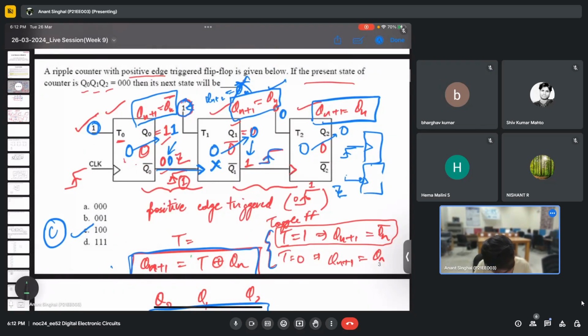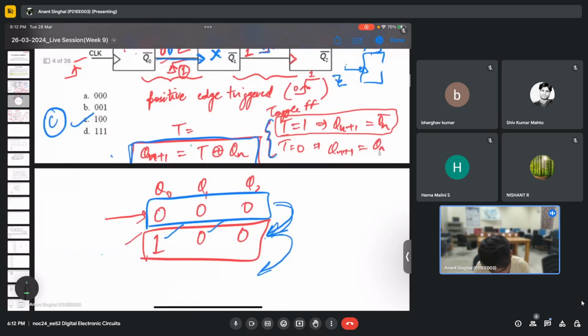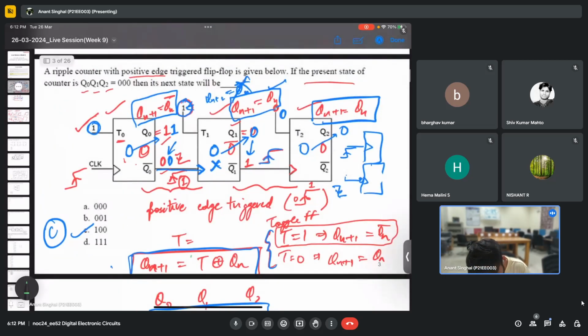So now the present state becomes 100. So let's try for one more clock. Let's say this is 1 now, this is 0, and this is 0. So when we apply the positive edge again, this T naught will work because of the T naught being 1, the next state will be Q1 complement. So 1 will become 0 here, so Q1 complement will become 1 here.